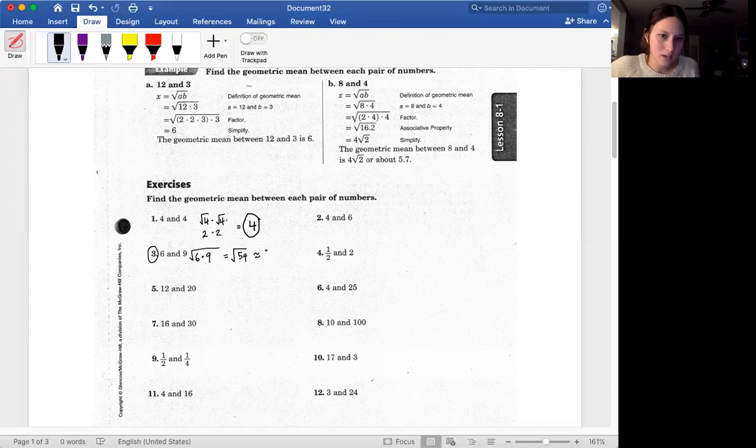And that's 7.34, and rounded to the nearest tenth is 7.3. Number 5, 12 times 20 is 240. So the square root of 240. And that as a decimal, plug that in, it's about 15.5.